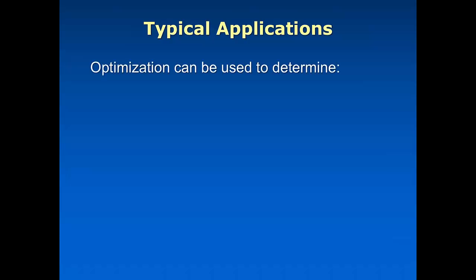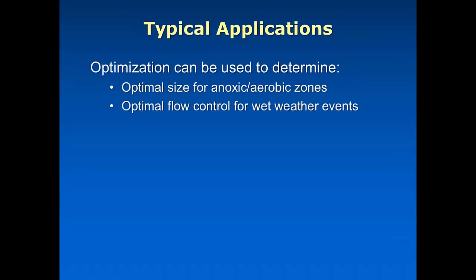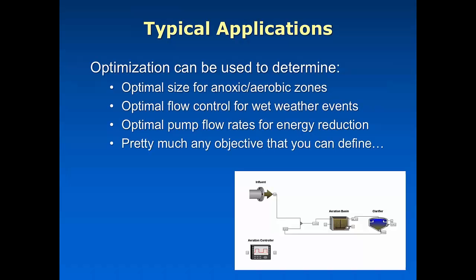Optimization can be used easily to determine the optimal sizing for tanks or for zones within tanks. It can be used to optimize flow control options for wet weather events such as step feeding or bypassing. It can be used for optimal pump flow and blower rates for doing energy reduction.